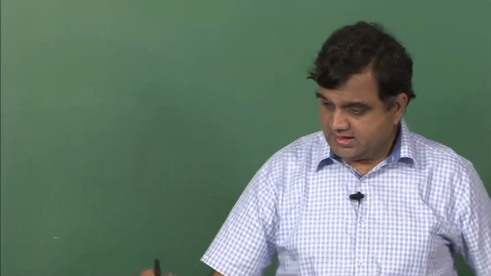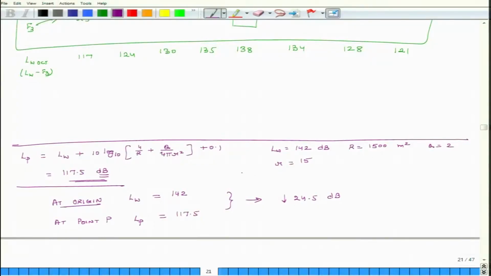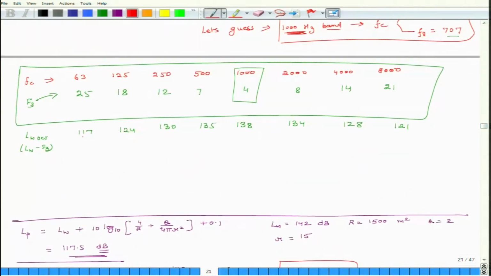What that means is I can use this information directly. If the sound power level was 117, then LP oct will be 117 minus 24.5.